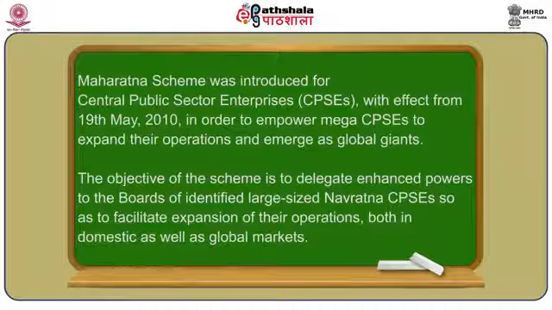The government also introduced the concept of the Maharatna Scheme in February 2010, with an objective to delegate enhanced powers to the boards of identified large-sized Navratna enterprises so as to facilitate expansion of their operations both in the domestic as well as global markets.